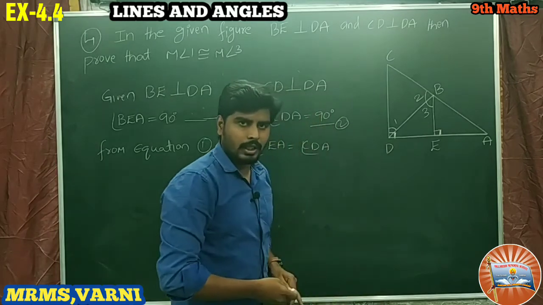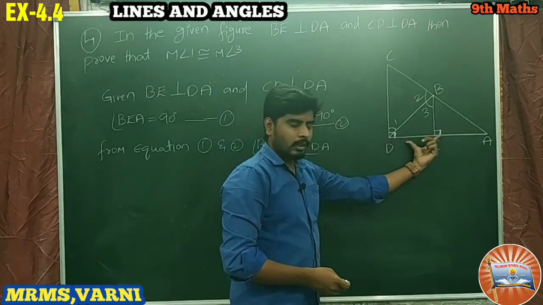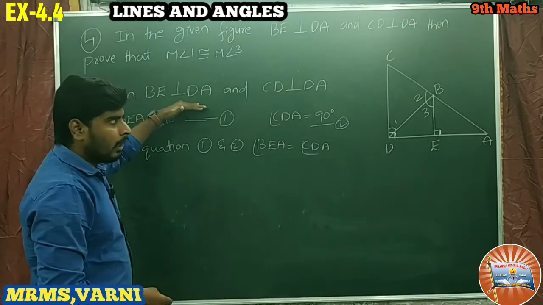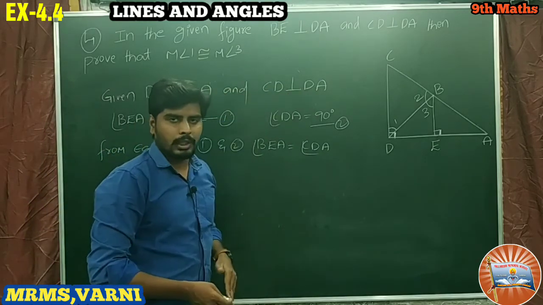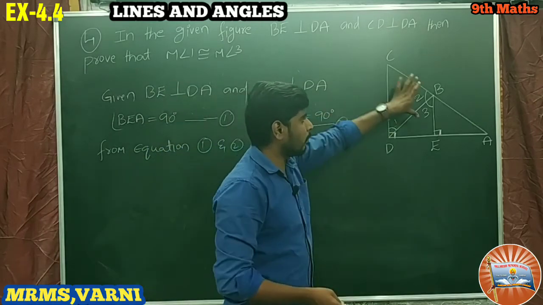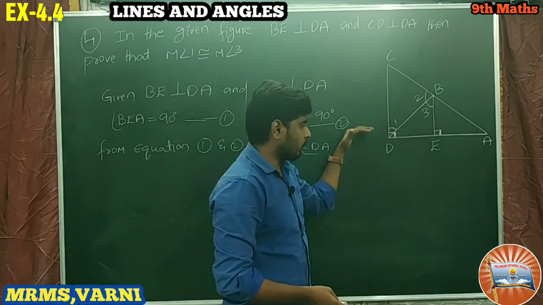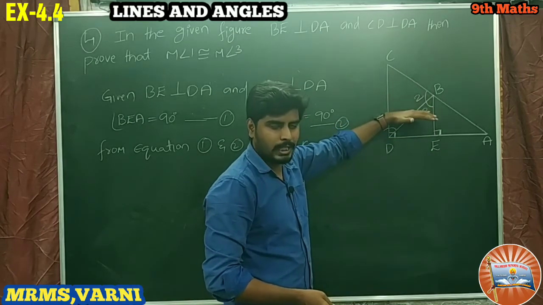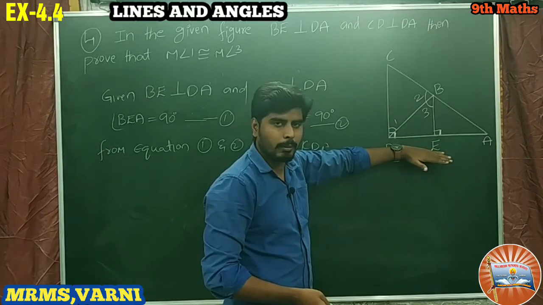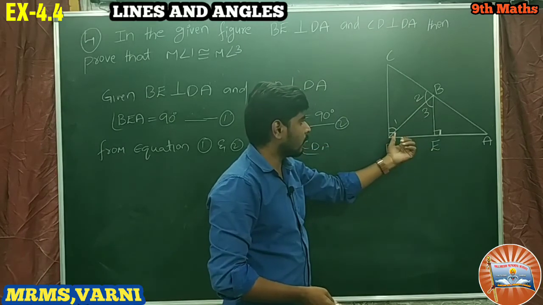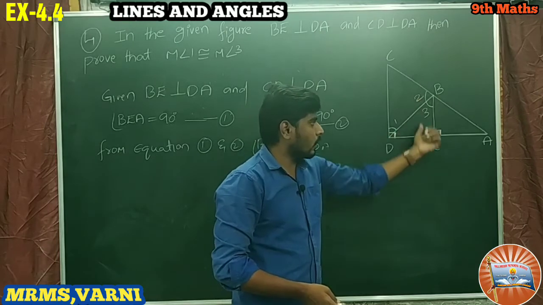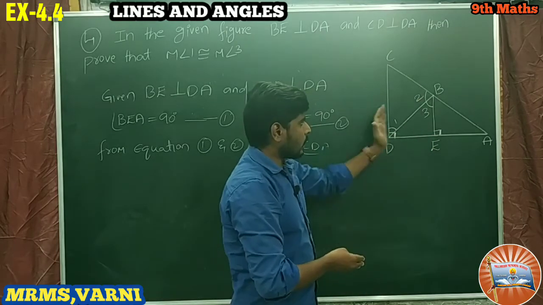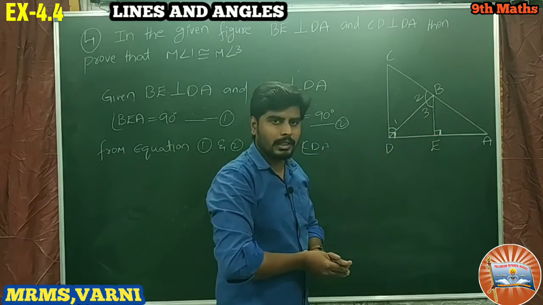Both are equal. Given BE perpendicular to DA and CD perpendicular to DA, it means two lines CD and BE are perpendicular to the same line DA. As well as we got CDA equals BEA, it means the angles are equal. What can we say here?